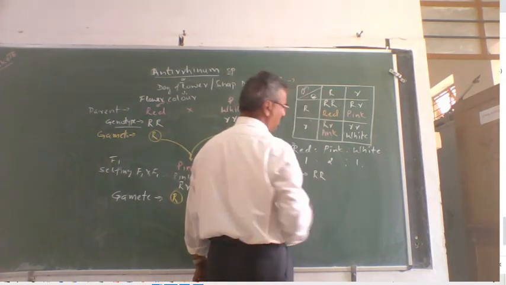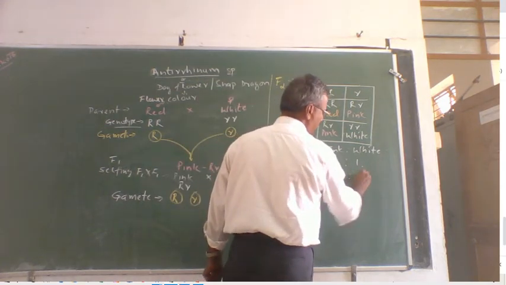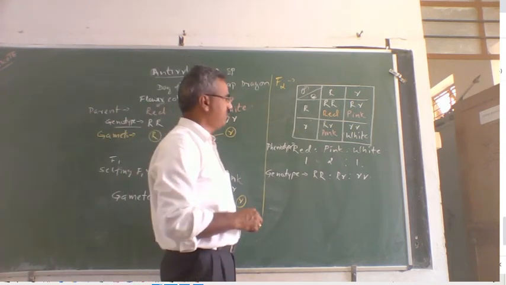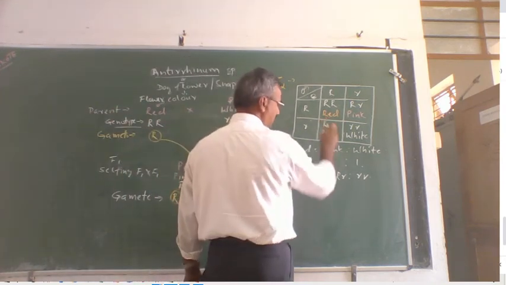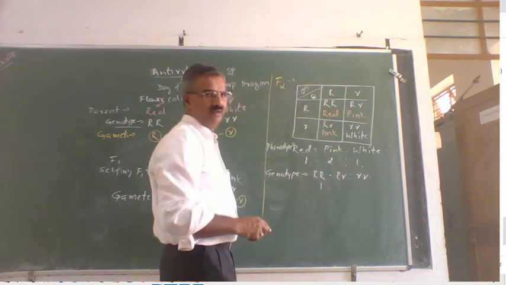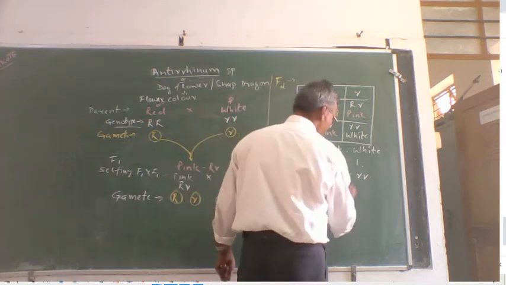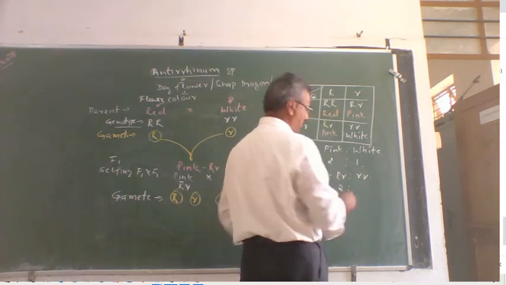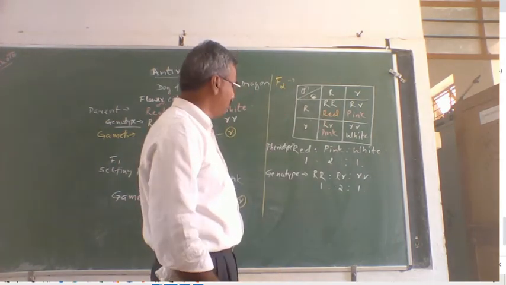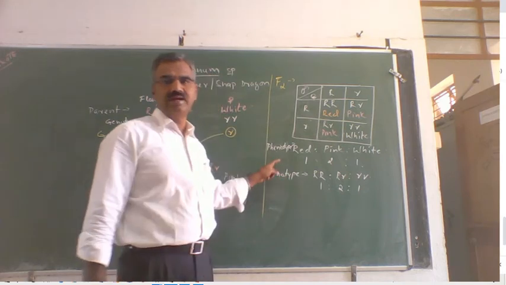It is capital R capital R, capital R small r, and small r small r. So what is the ratio? 1:2:1. How many red flowered plants are there? One. How many pink flowered plants are there? Two. Then what about the white flower plant? One. So in this case, both genotype and phenotype ratios remain the same.